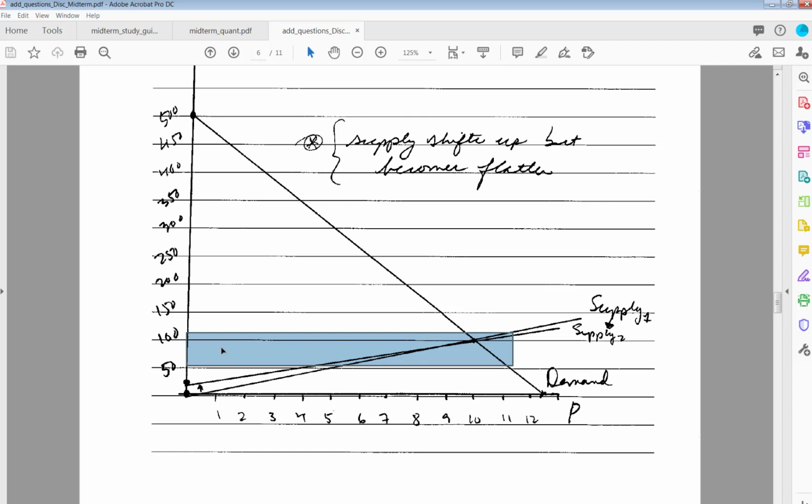Oh, sorry, I'm on the wrong kind of graph here to draw it in that direction. It should be like this, right? Yeah. Right. So the price for consumers falls, price for producers goes up.